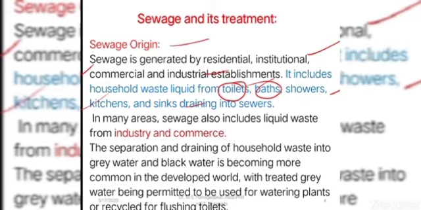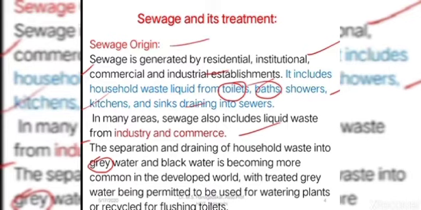My dear friends, sewage also includes the waste produced from the industries as well as some commercial buildings. The wastewater produced from the household is called grey water. Before releasing, that water requires treatment.